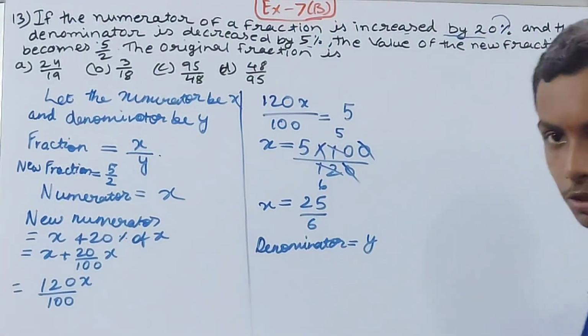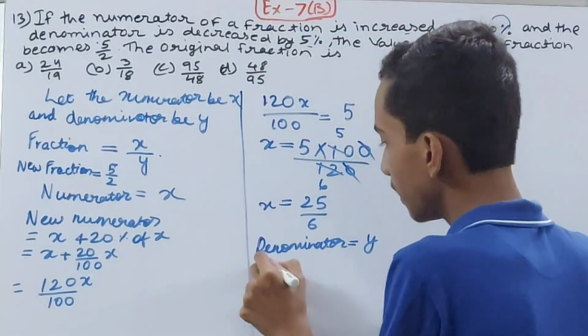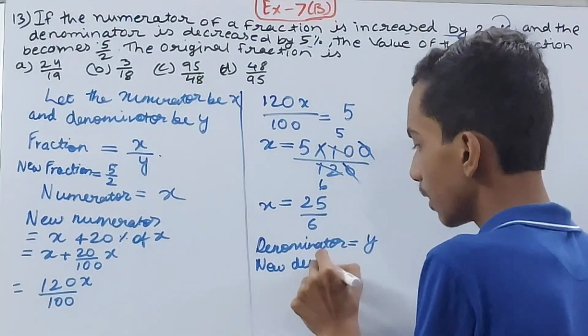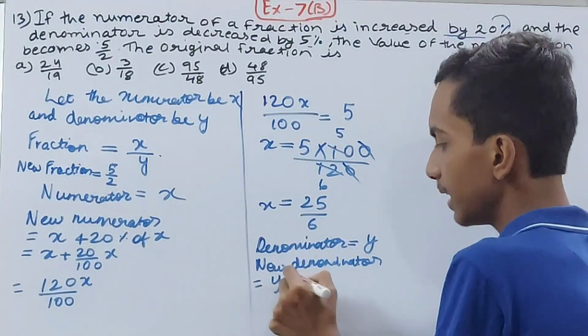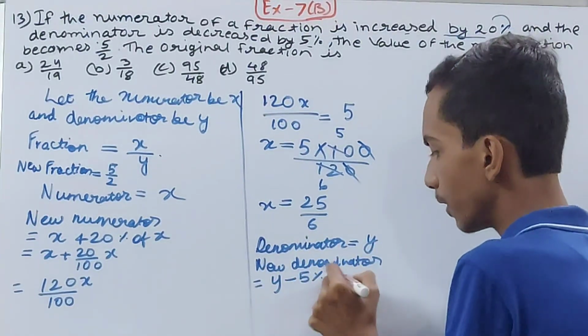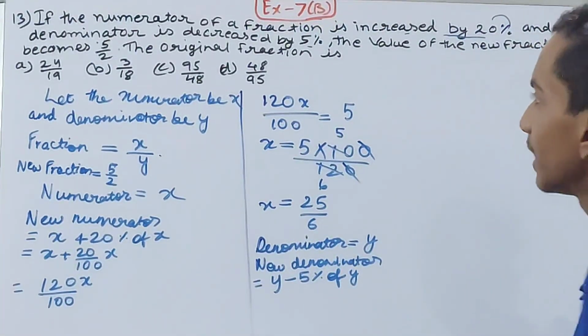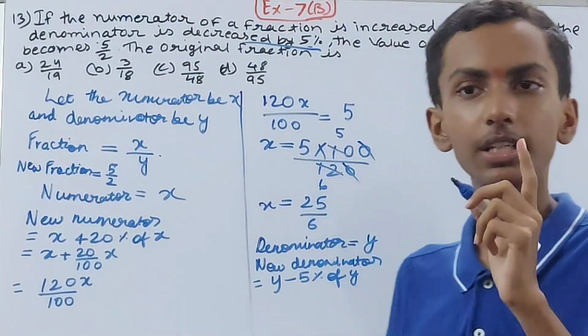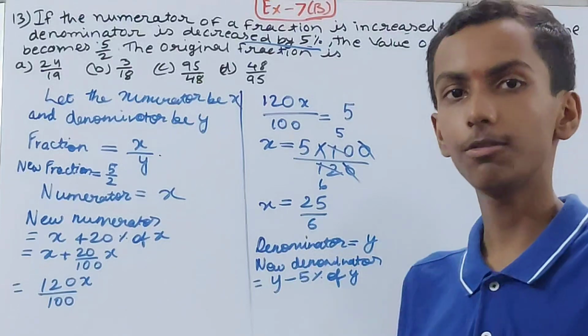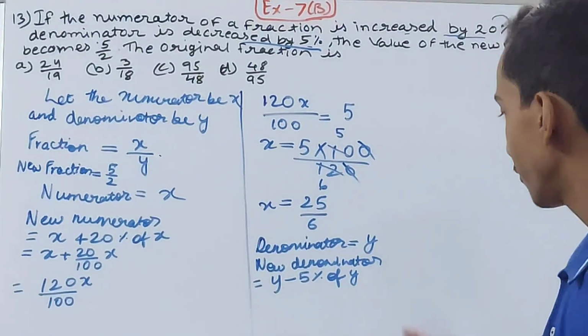This we have assumed. So now the new denominator will be y minus 5% of y, or not? Yes, because it is decreased by 5%. Decreased by 5% will mean decreased by 5% of the value of y only, right? The variable will not change here.